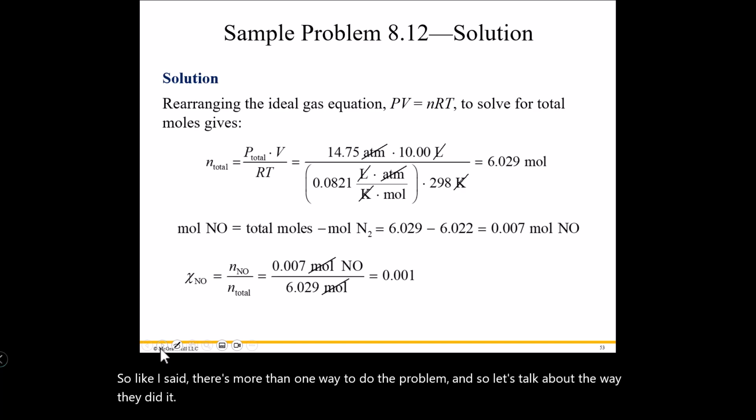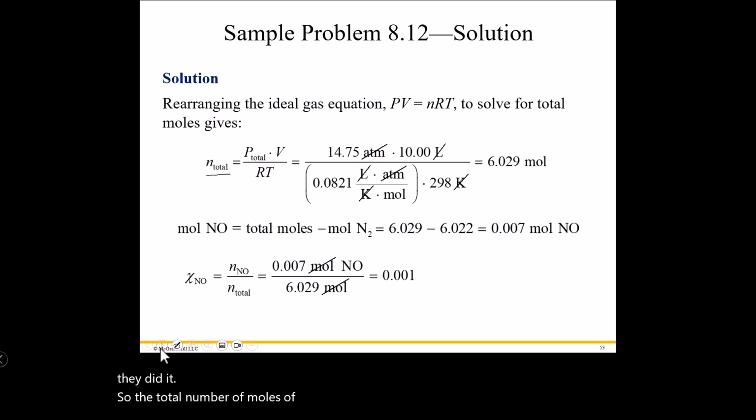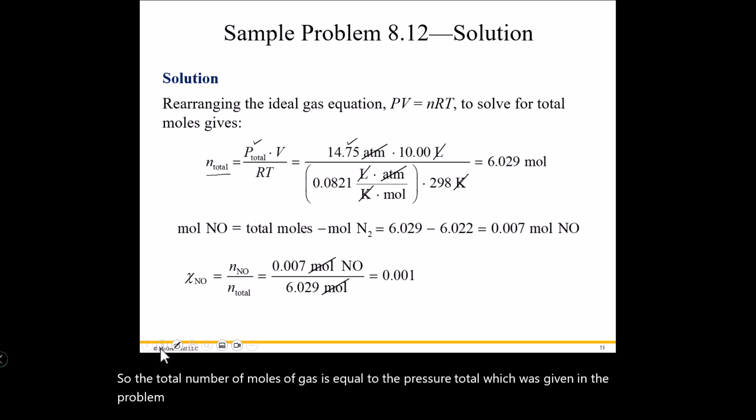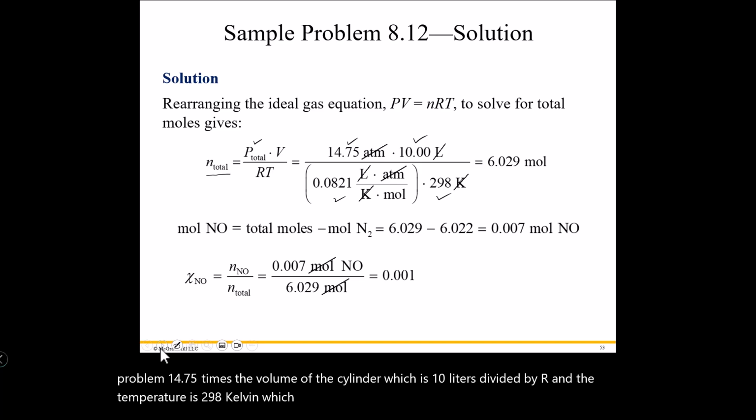So the total number of moles of gas is equal to the pressure total, which was given in the problem, 14.75, times the volume of the cylinder, which is 10 liters, divided by R, and the temperature is 298 Kelvin, which was 25 degrees Celsius. So this is the total number of moles of gas inside the cylinder.